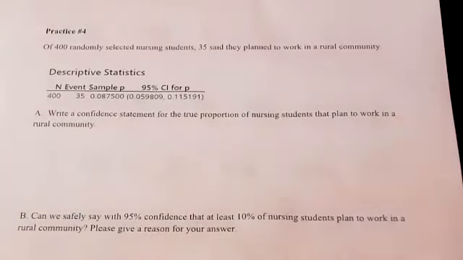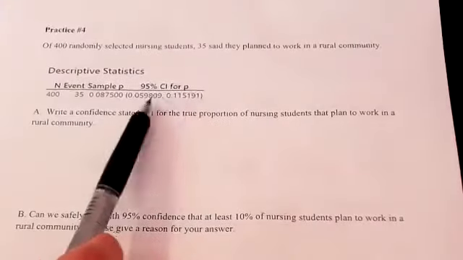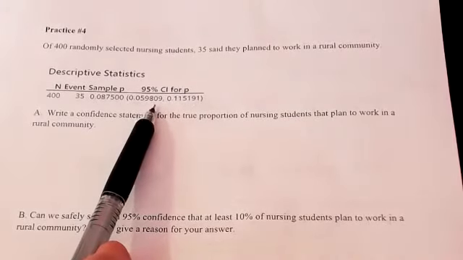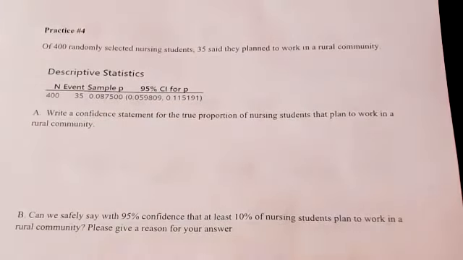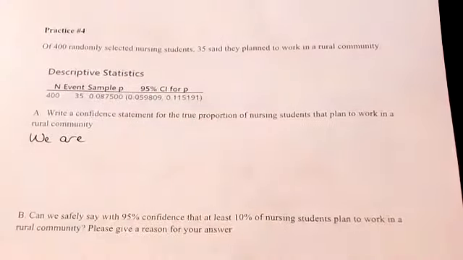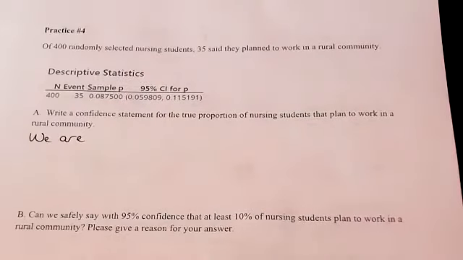Okay, so thinking back to how we have written our confidence statements so far, notice that we were actually provided with the interval. You see the interval notation here. So we were given this interval for our 95% confidence interval for that population proportion. So let's state the following. Both Emma and Kelly had pretty much identical statements, and I'm going to jot down exactly what they wrote because it's perfect.